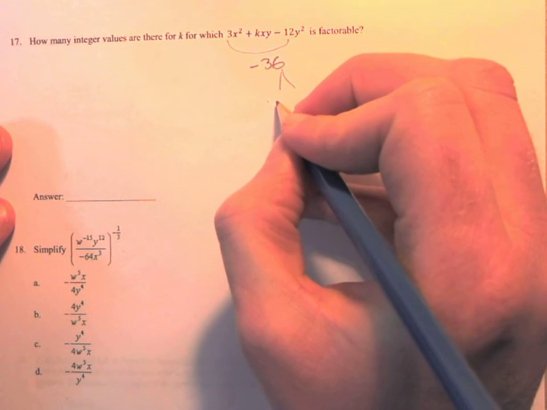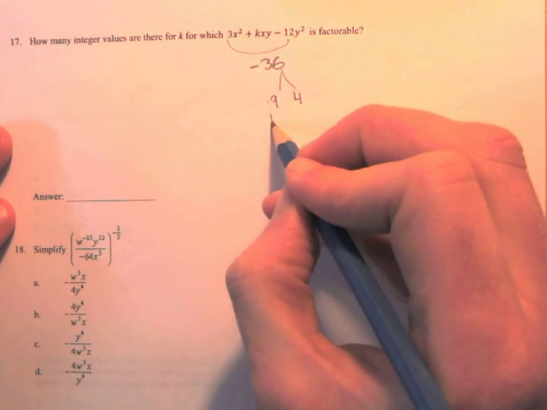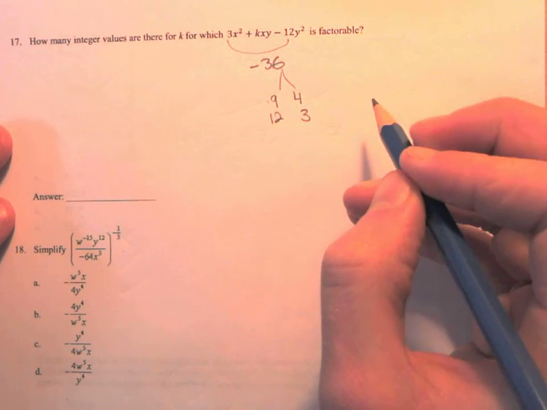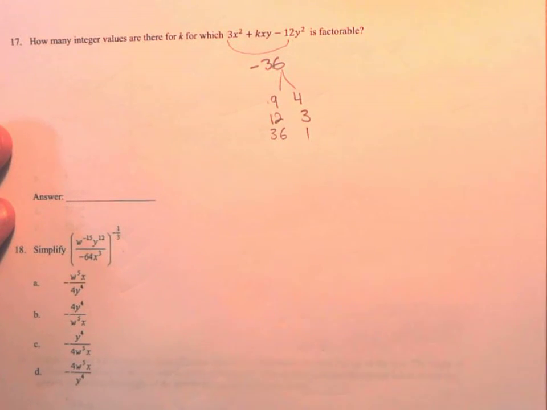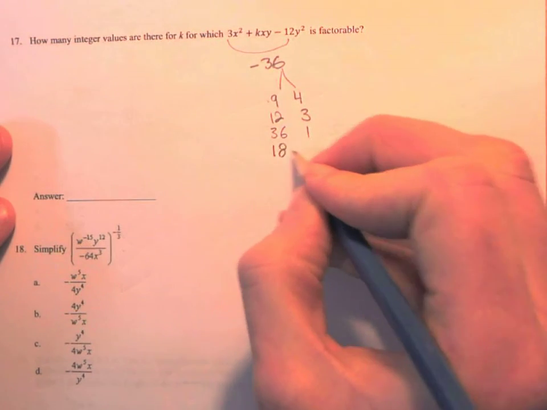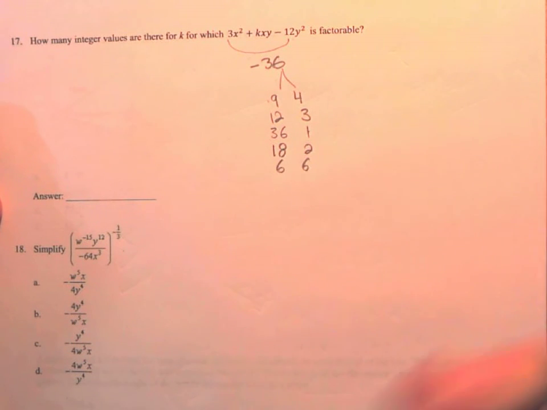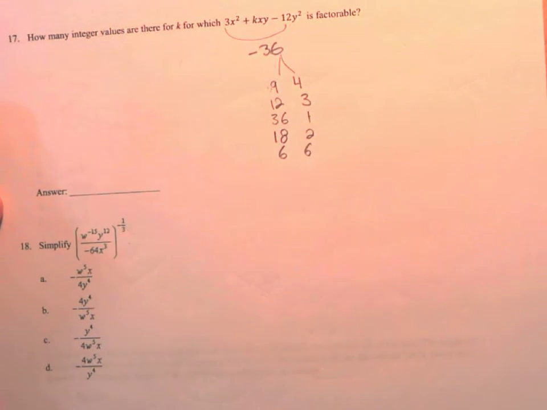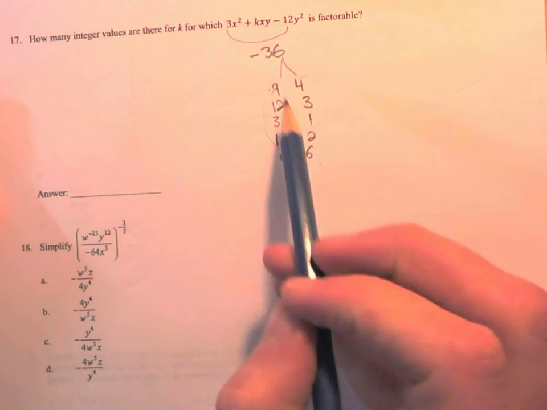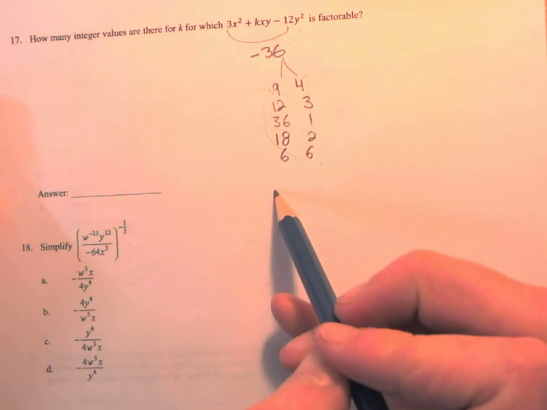We got 9 and 4, 12 and 3, 36 and 1. Anything else that goes into there? 18 and 2. So we have 1, 2, 3, 4, 6 and 6. 7 no, 8 no, and then 9, so that seems to be all the factors that can go into negative 36.